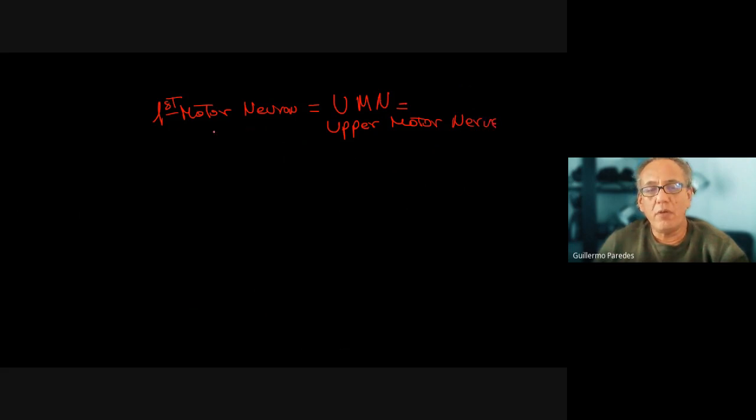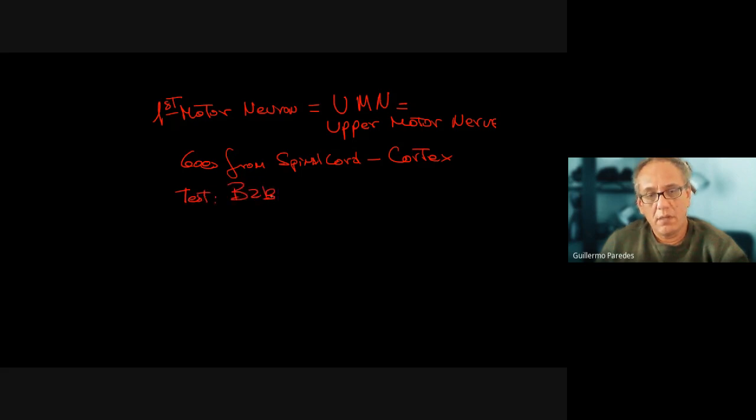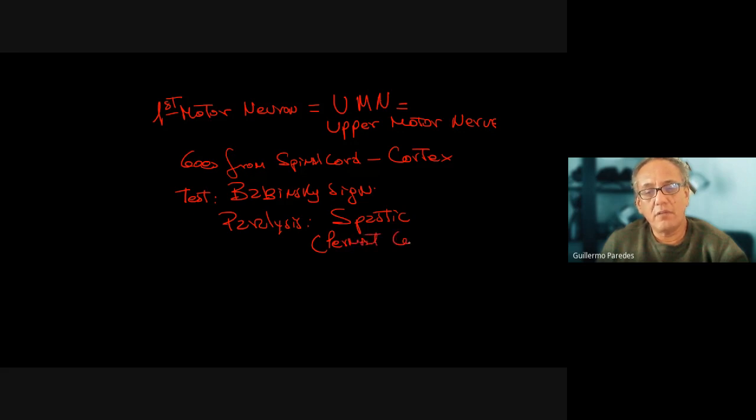This first motor neuron goes from the spinal cord to the cortex of the brain. Or you can say cortex to the spinal cord, either way. And the test you're using is the Babinski sign. What you have here is a paralysis that is spastic. Means permanent contraction. Stiffness, totally. That is the first motor neuron.